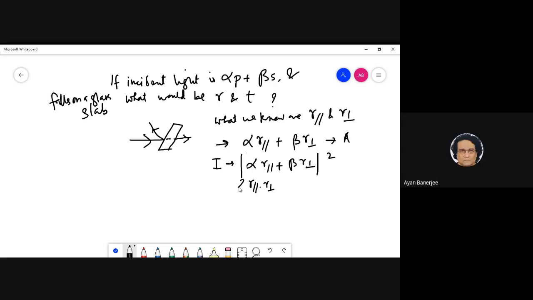You will get 2 times this one. So this is basically going to be alpha square r parallel square plus beta square r perpendicular square plus this into alpha beta. Mathematically, this is what you're going to get, right? Now tell me, physically, are these going to make sense?